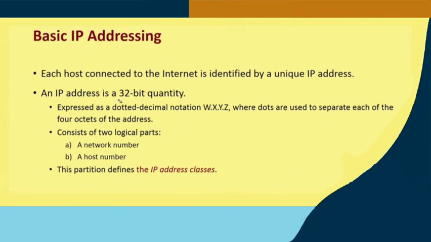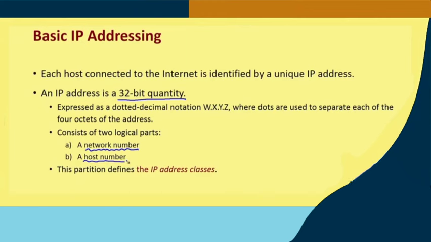Now, we shall see that this 32-bit network address that we are talking about has two parts. The first part identifies a network. There are many networks in the world. Internet is essentially a network of networks. So, the first part will identify which network I am talking about, and the second part identifies a host.